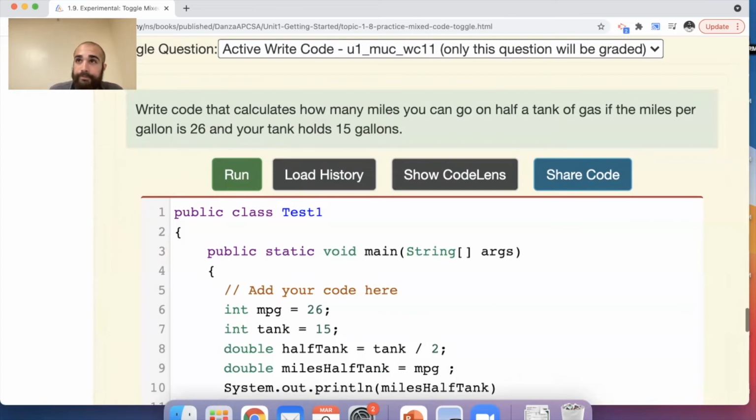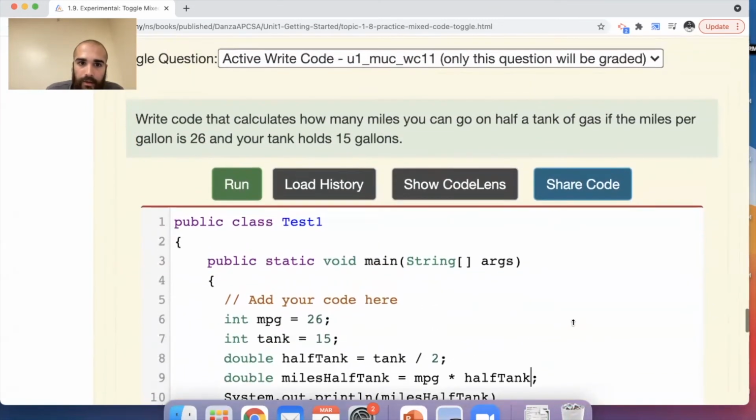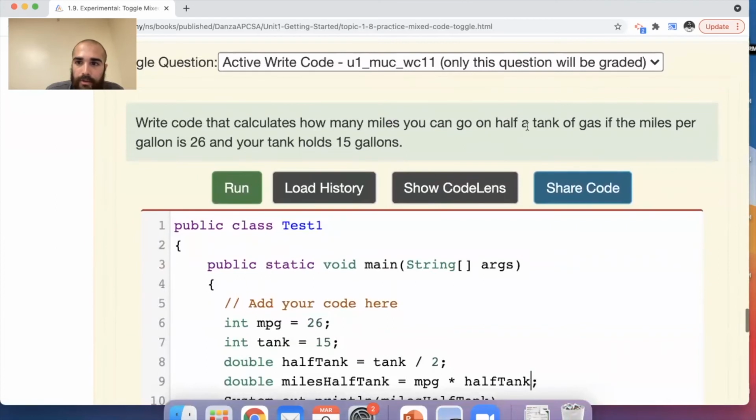Right. So you have half tank. Half tank is, in this case, 7.5, and that would be whatever the half tank is. And anything else I'm missing out on?